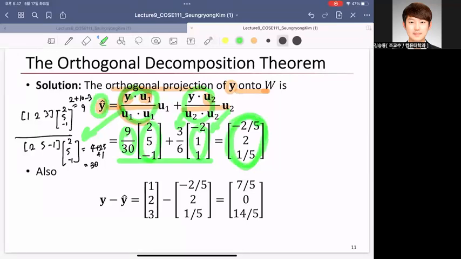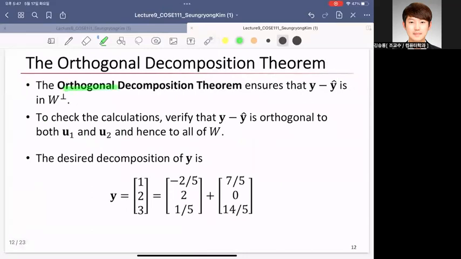So it's very, very simple. And y minus y hat, which is vector z: y was (1, 2, 3), y hat was as above. Then z is going to be 7 over 5, 0, 14 over 5.